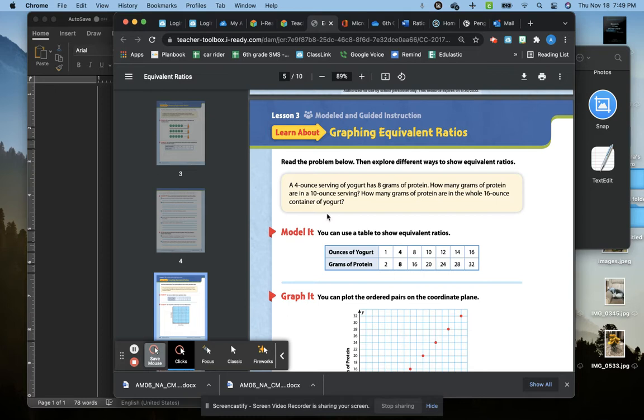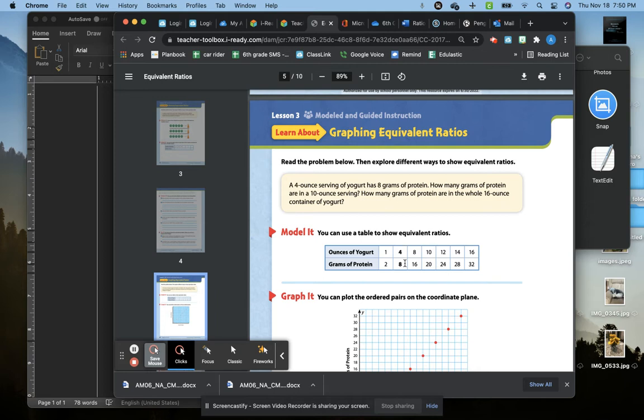So your word problem today is a 4-ounce serving of yogurt has 8 grams of protein. How many grams of protein are in a 10-ounce serving? How many grams of protein are in a 16-ounce container? So it's really similar to what you did yesterday. You can see down here at the model, they have the 4-ounce serving to 8 grams of protein.